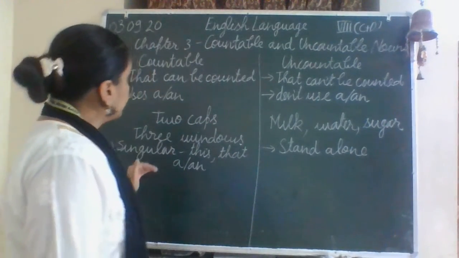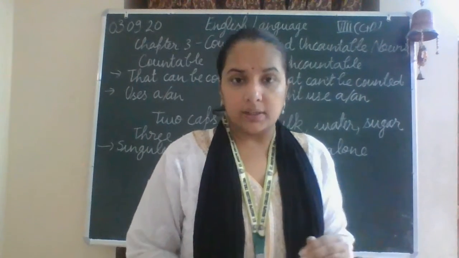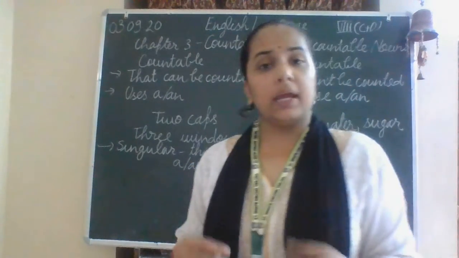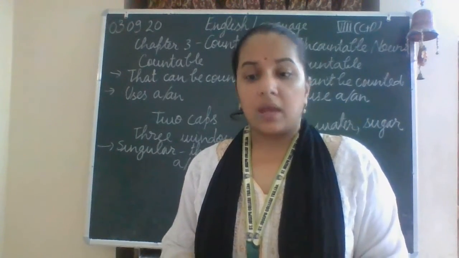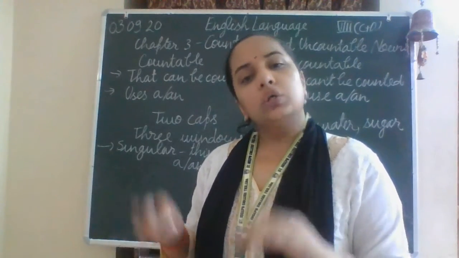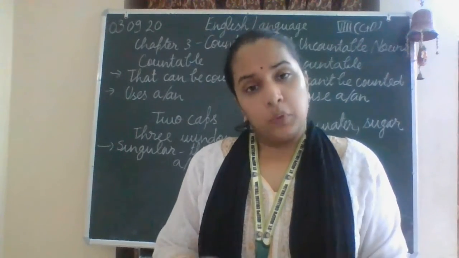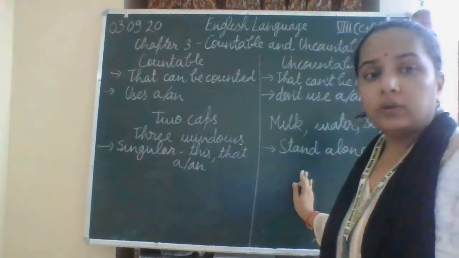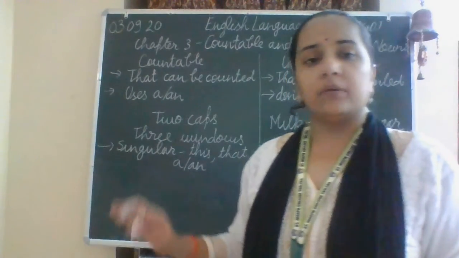And in the countable noun, whenever we are talking about the plural, then we can avoid the use of a or an, this or that. If you want, you can use these or those, but you can avoid the use of these words also, and you can write the plural form of the countable noun. Whereas for the uncountable noun, you need not write any such thing. You can directly write these things.